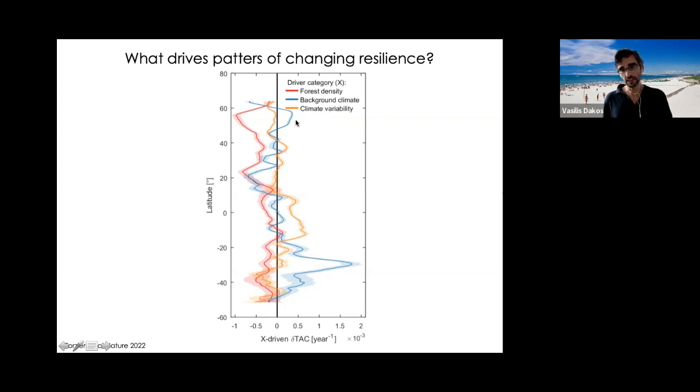And already you see that forest density doesn't seem to have such a big effect, although it could be argued against based on what we know.